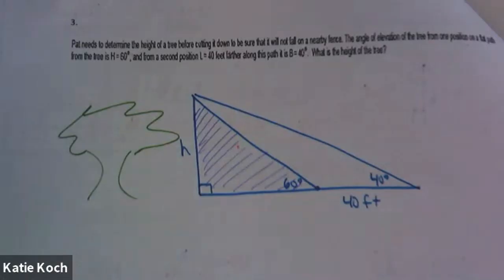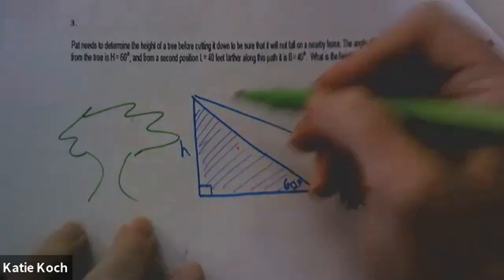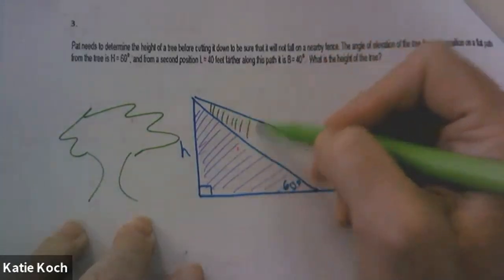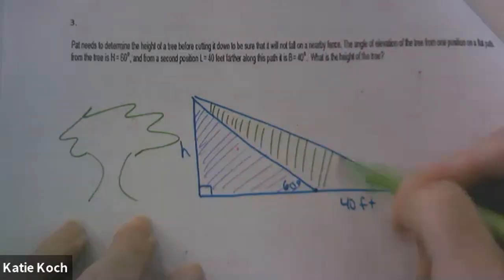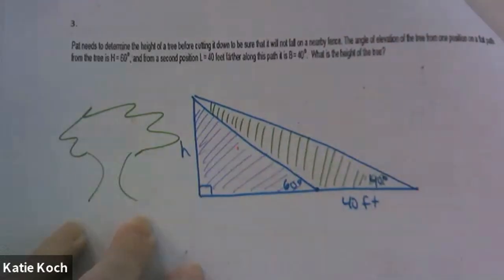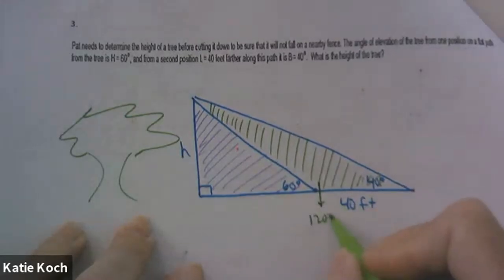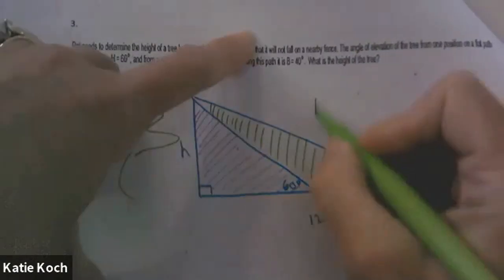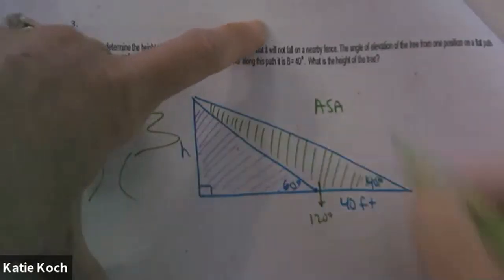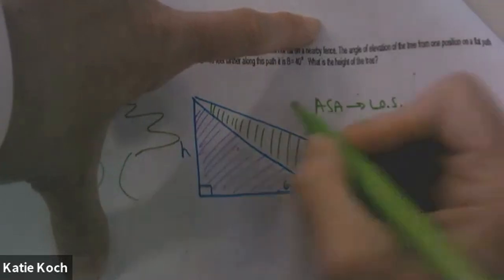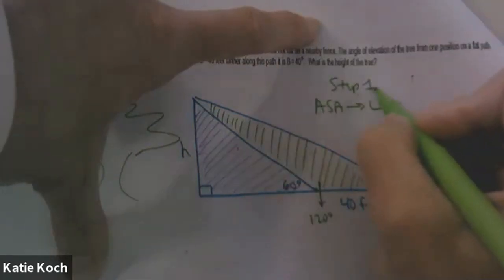So instead, let's start with this triangle here. That green one, because we know that this angle right here is 120. And so in the green triangle, we have angle, side, angle. So you can use the law of sines. So this is kind of like my step one.